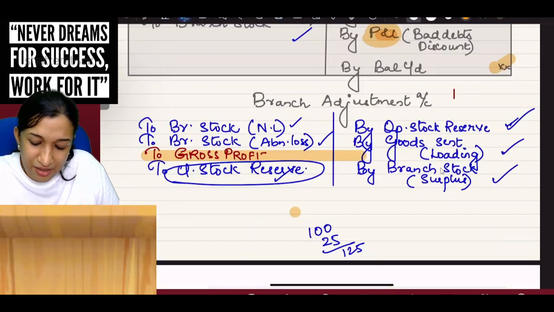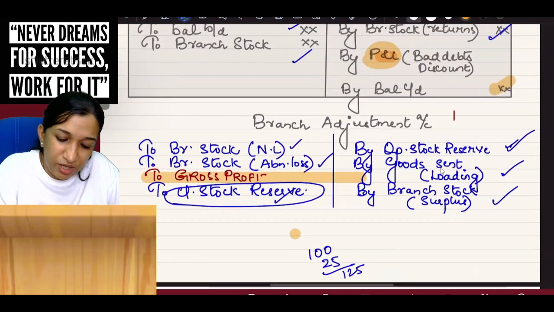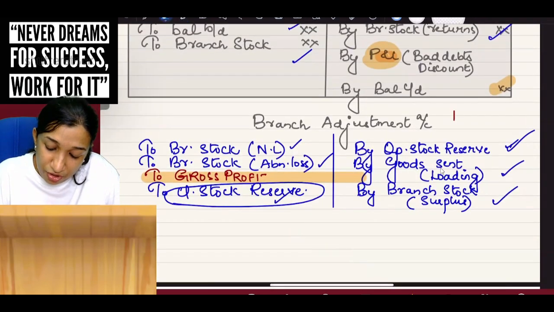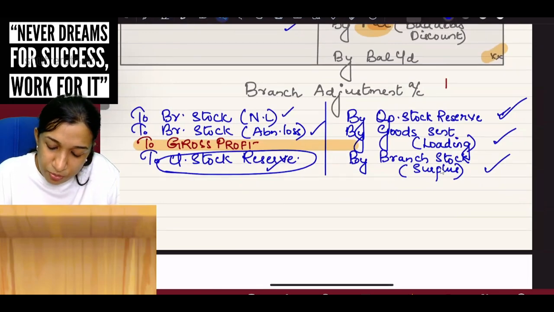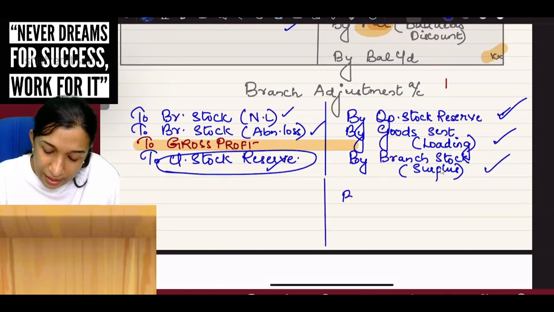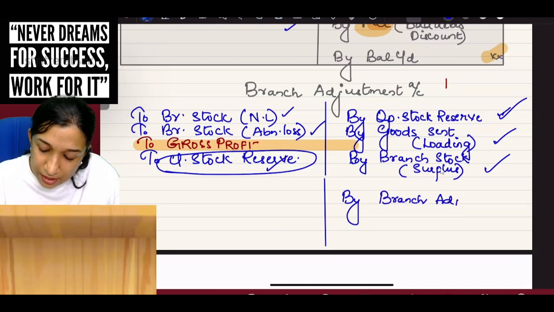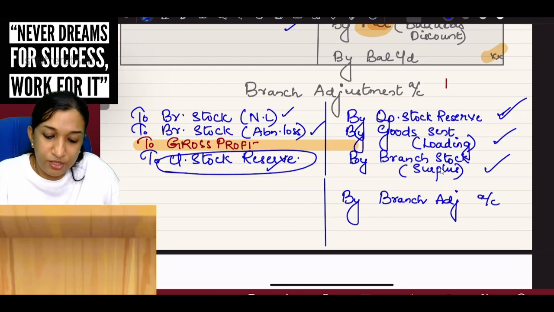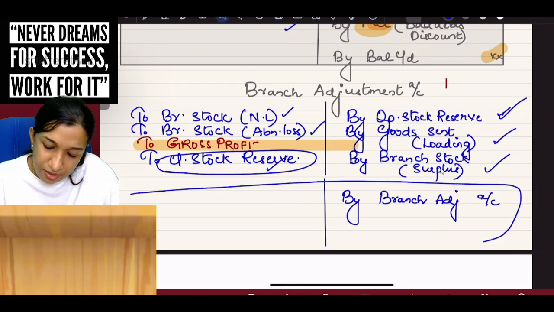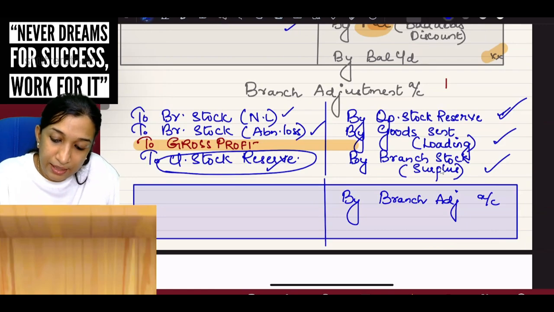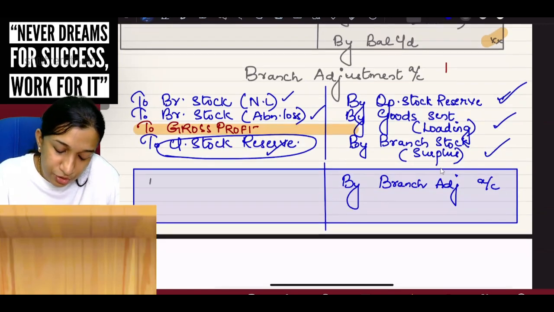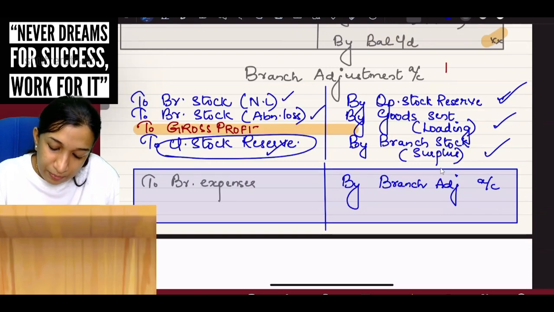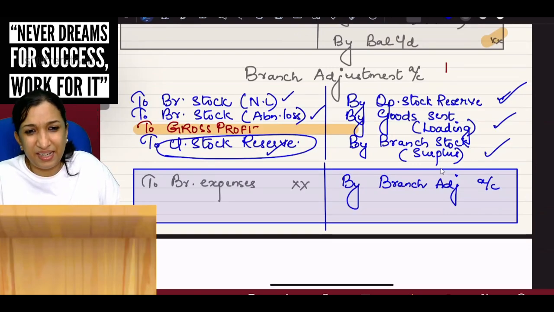Very easy. And finally, branch P&L. What is there in branch P&L which I have not written? It will start with by branch adjustment account, assuming it is a profit. Then generally, to branch expenses: salary, rent, all branch expenses, to cash.